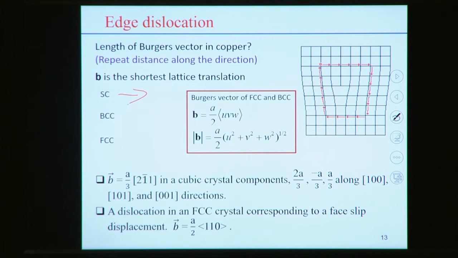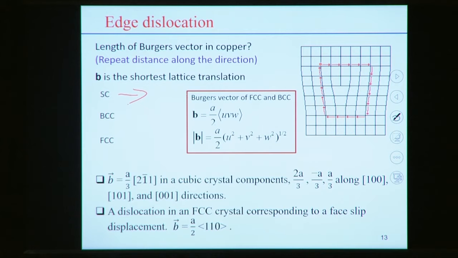There are several possible combinations of directions within the unit cell, and on a specific direction, the shortest distance between two atoms can be considered as a full dislocation, or as a measure of the Burgers vector.